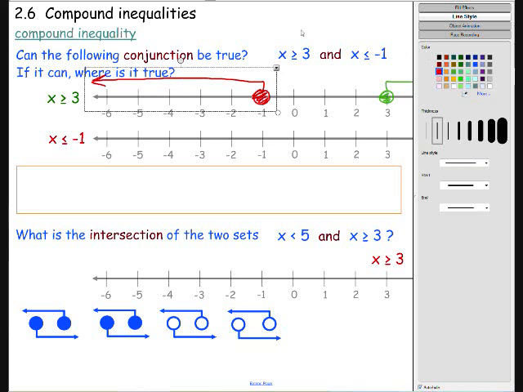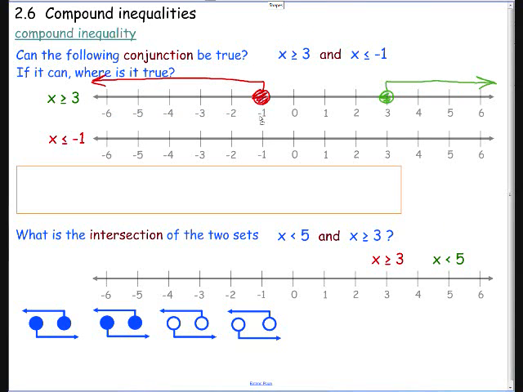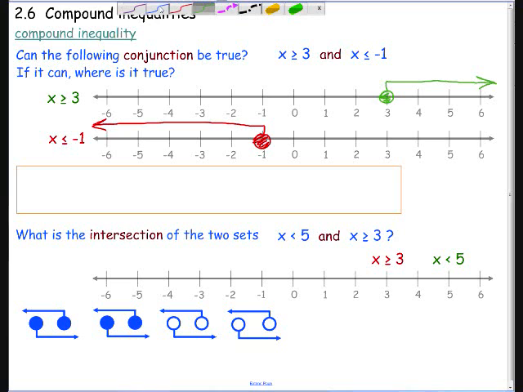All right. So I wanted to graph it down here, actually. And then where would these both be true? I'll do that in blue. They don't overlap at all. So where do we have both this true and that true? Nowhere.